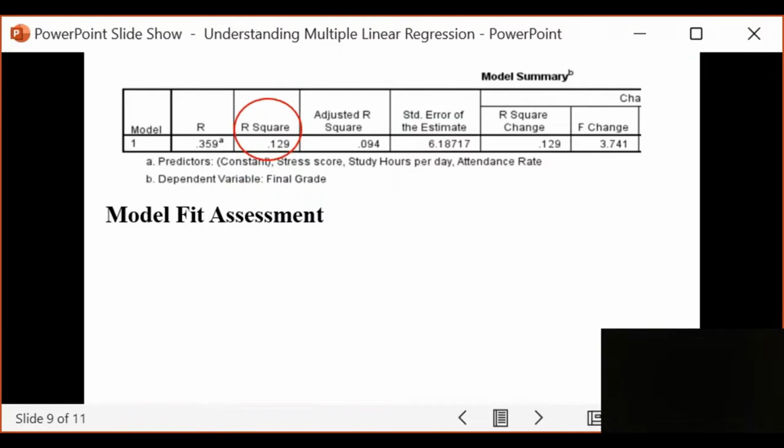Kung 13% yung kaya ng tatlong variables, yung natitirang 87% are coming from other factors. So these are external factors not included in the model.